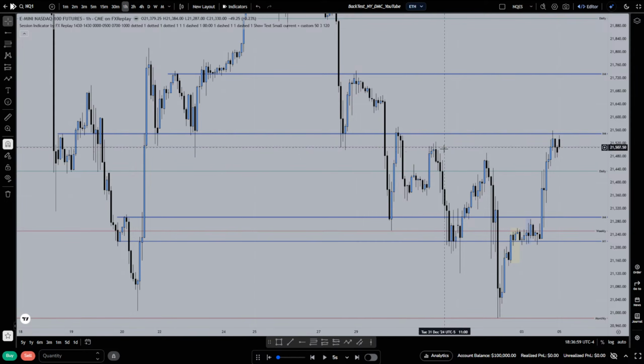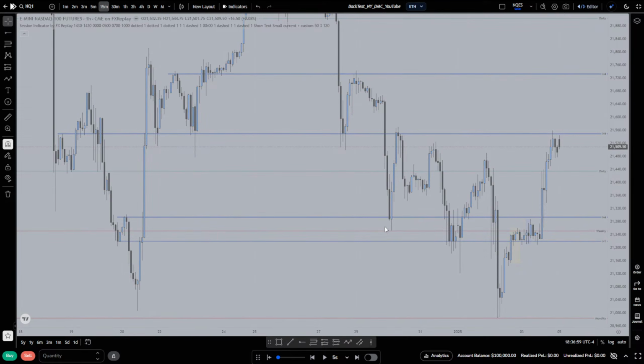So after this swing failure from this guy, you're breaking down, we go back up to this area, which is the test of this guy, and then we try to fall. We don't do it quite.